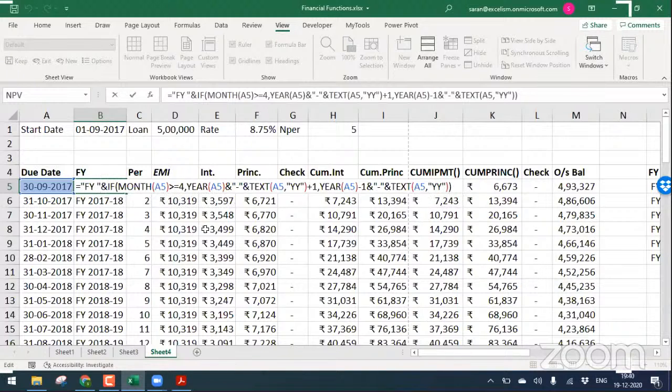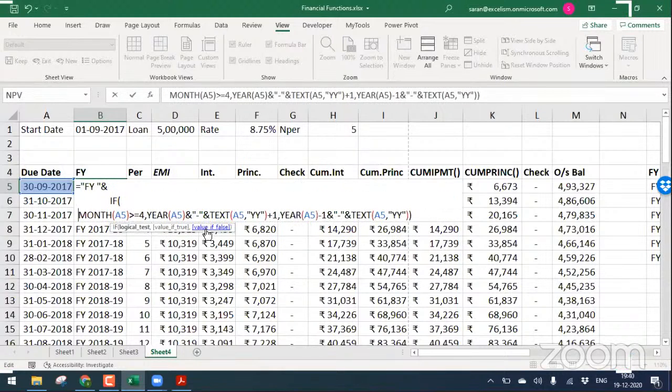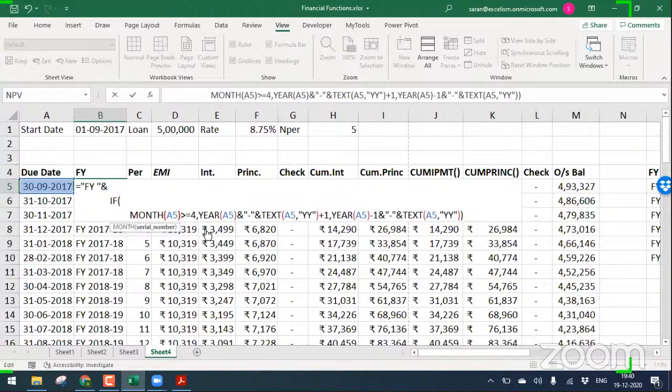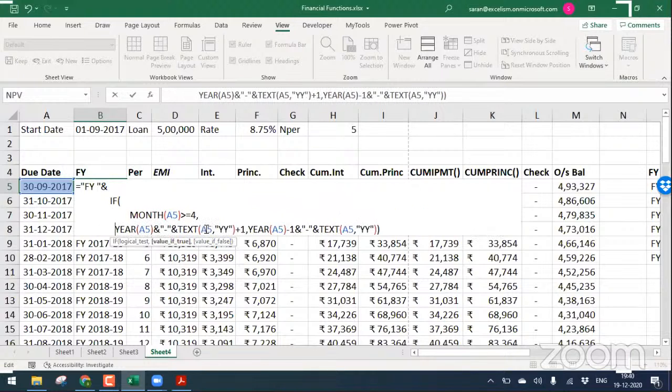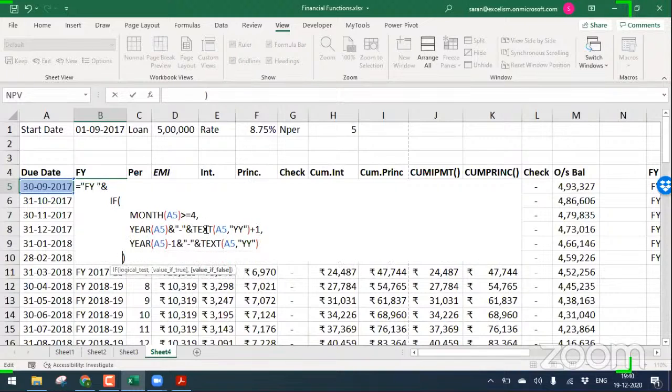So let me join that with the IF function here. IF function does have 3 arguments: logical test, then it does have year, then I'm trying to join that with the text function, then it's going to be this. Okay, then let me close the IF function. So I'm sure you can understand out of this.